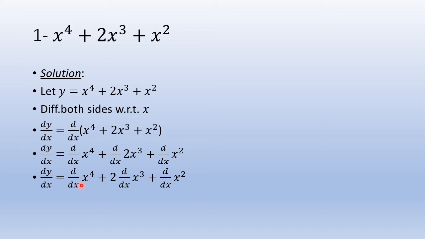So derivative of x to power 4 will become 4 x to power 4 minus 1, that is 4x cube. 2 will remain as it is. Derivative of x cube will become 3 into x to power 3 minus 1, that is x square. And then d by dx of x square will become 2 into x to power 2 minus 1, that is 1.